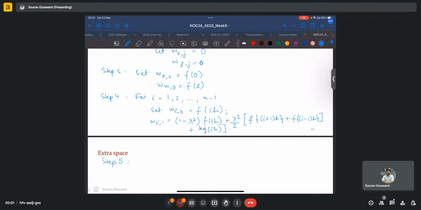In step 5, once the information for the zeroth and first time steps are available, we start calculating information for the other nodes by the matrix multiplication.